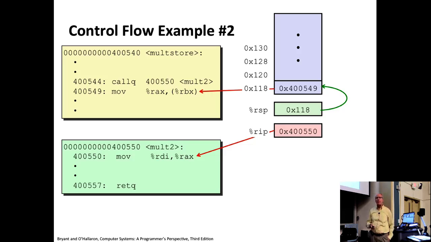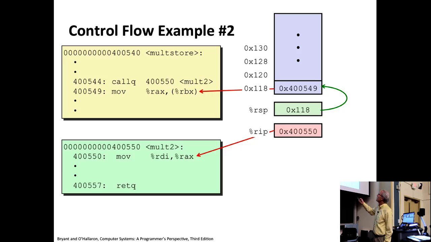Question back there. Before you actually go to the function, in mult store, you would put the address of mult2 into RIP? No, it did that. RIP, you never explicitly manipulate; there aren't instructions that manipulate that directly. It's implicitly part of the call instruction.